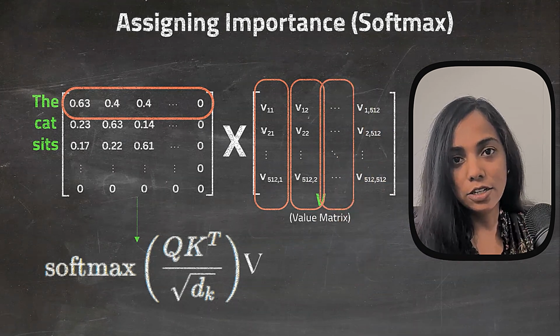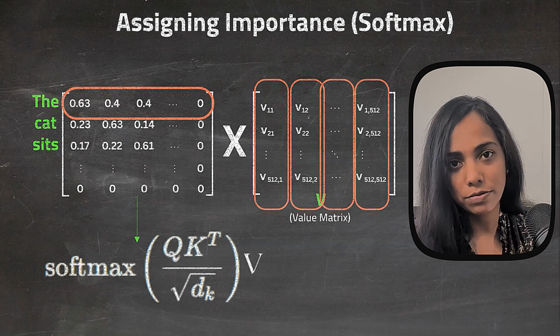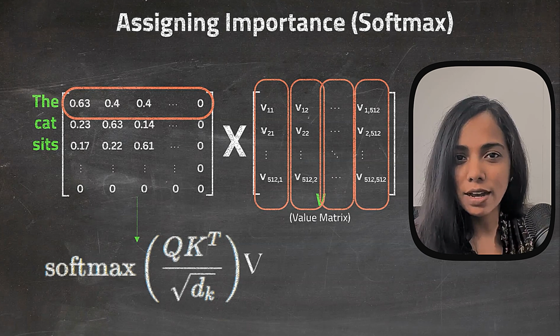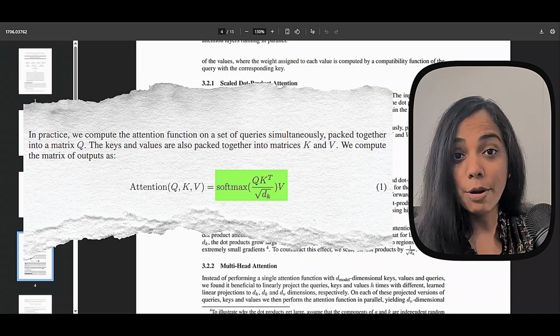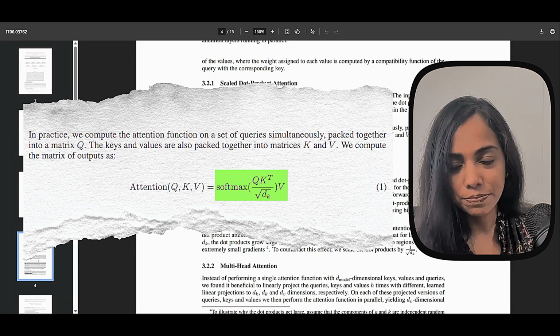This results in a new vector of dimension 1 times 512. This new vector intuitively captures the combined information about relationships and context from all words based on the calculated importance.